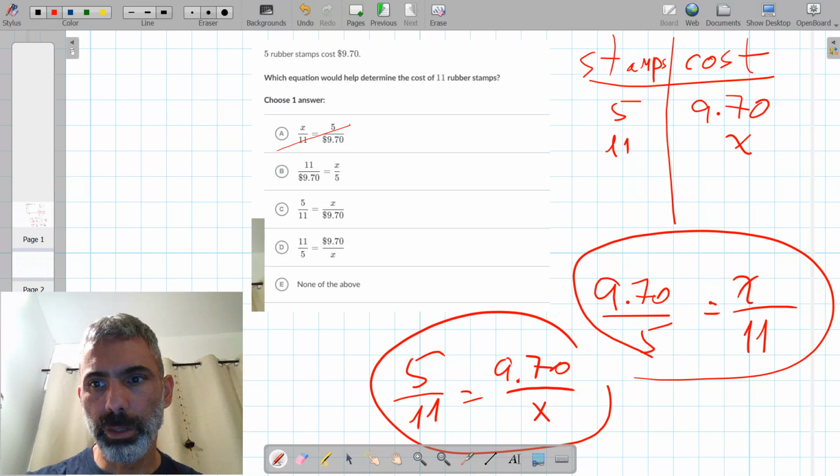Option B, x over 5, is incorrect. 5 over 11 equals x over 970, this is incorrect. 11 over 5, this is incorrect, so none of the above.